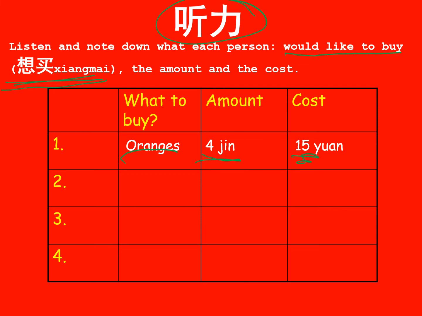Okay? So we're going to use person 2 as another example. 我想买苹果。买什么？ What to buy?